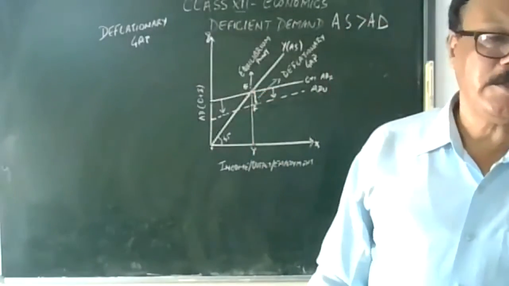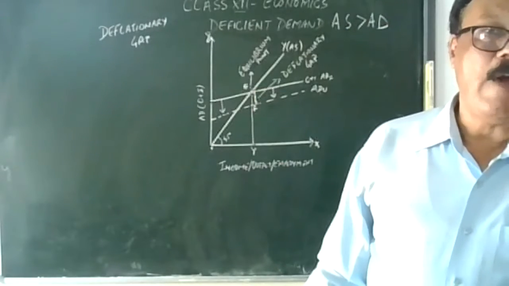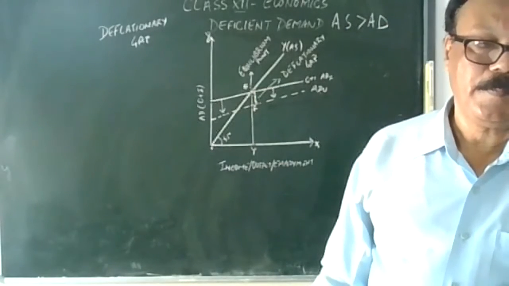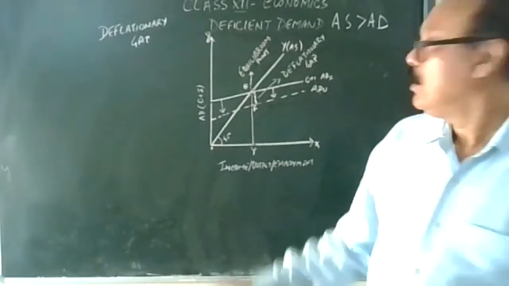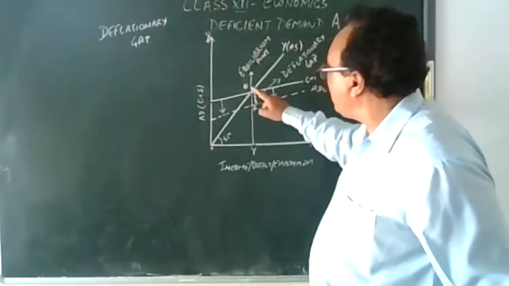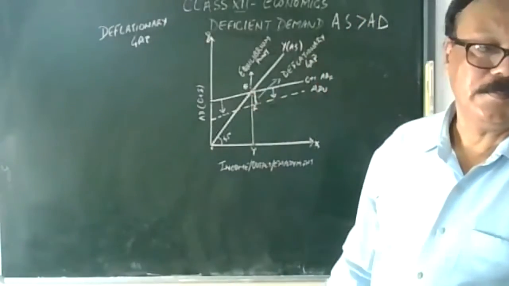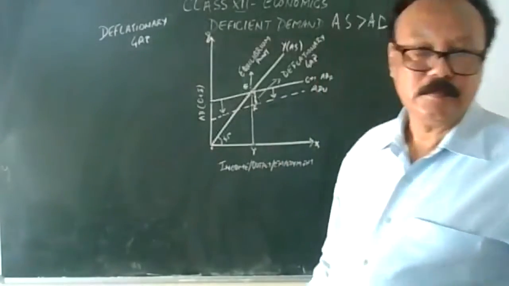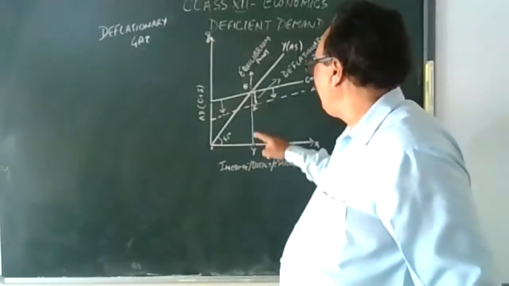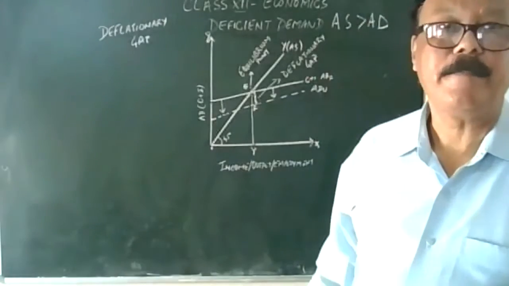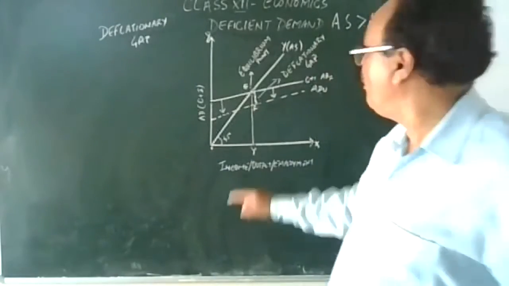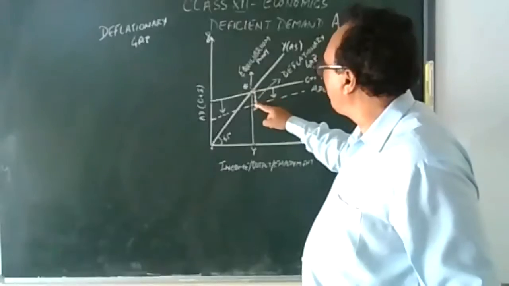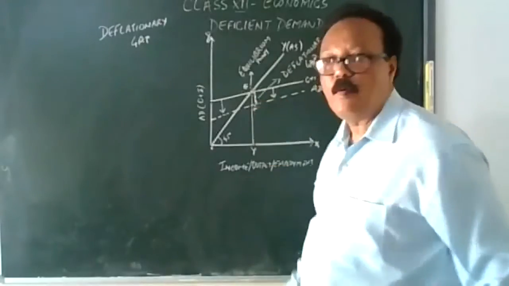And the last point, the value of AD at underemployment is FY. The value of AD at the underemployment point is FY.